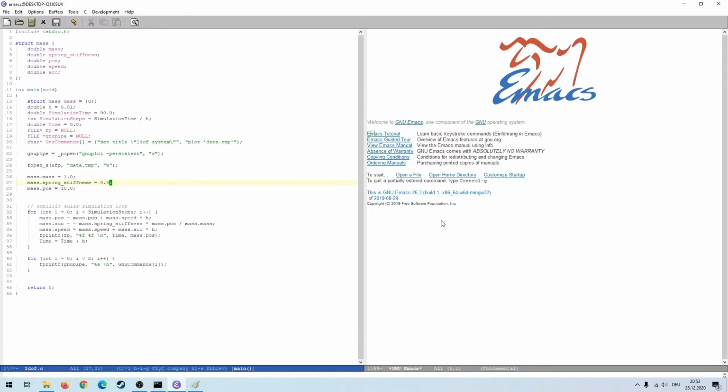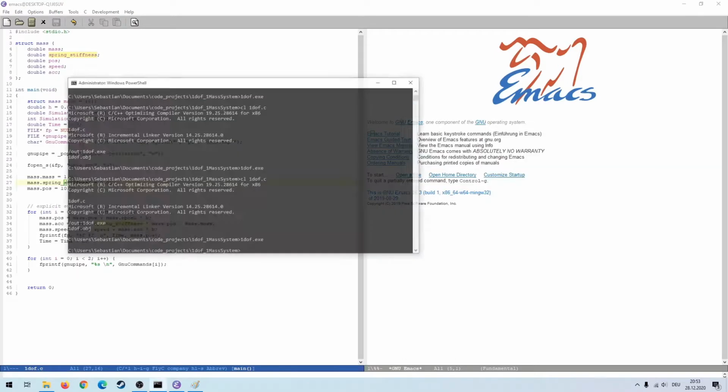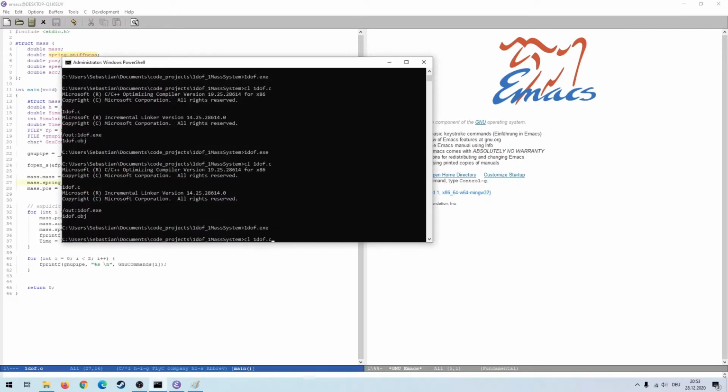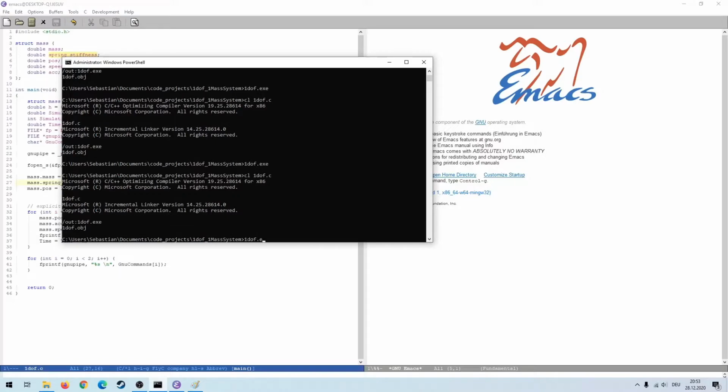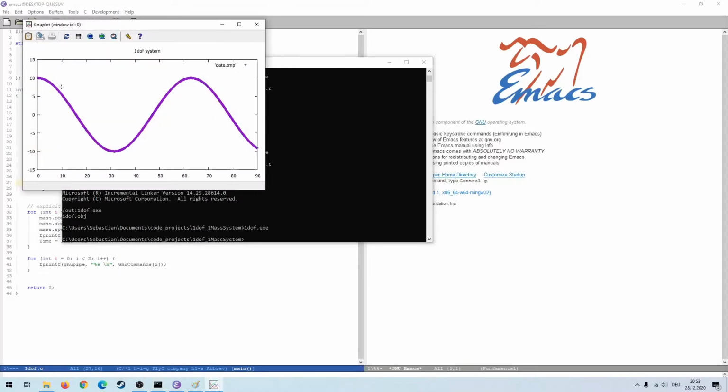So let's do that real quick. Let's go to our spring stiffness up here, and we reduce it by about factor 100. So let's compile our system real quick and run it, and there we go. As you can see, the frequency of this system is way lower than it was before.